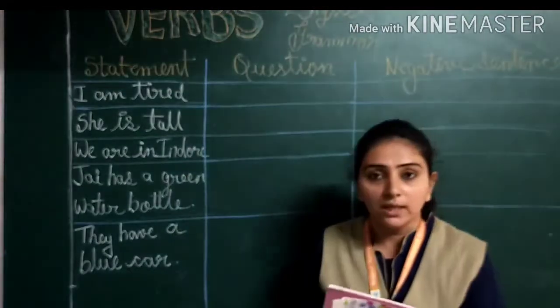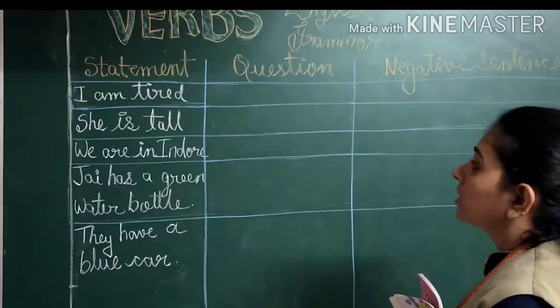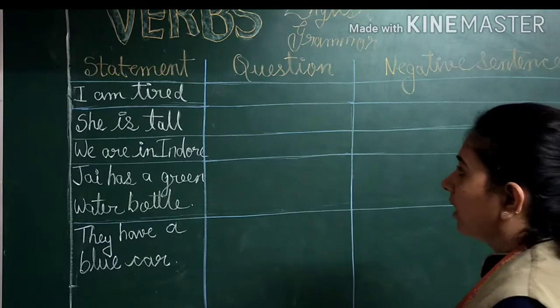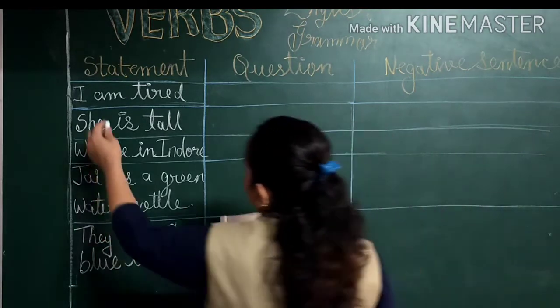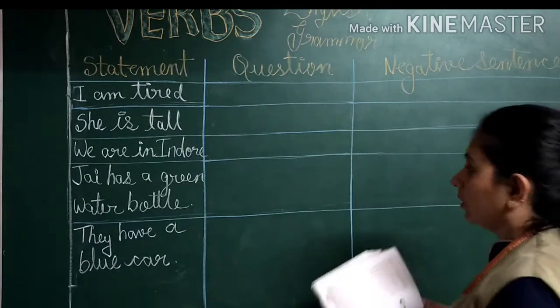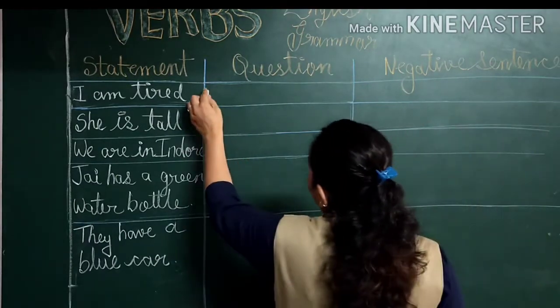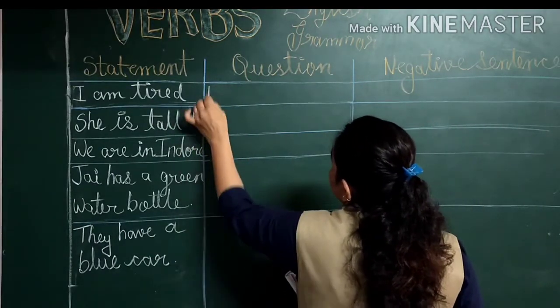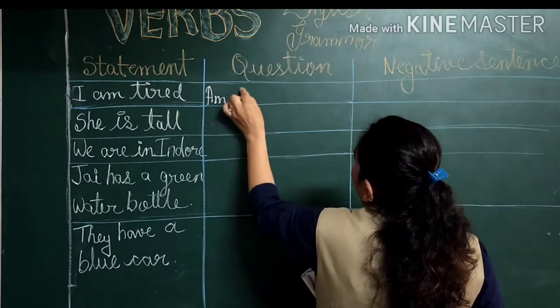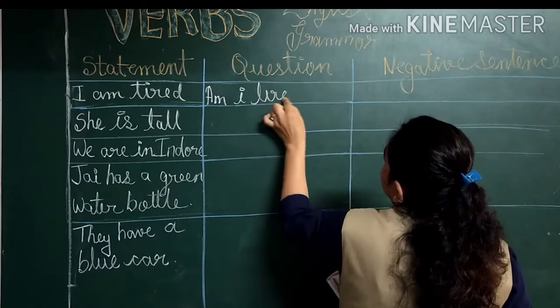Number one is I am tired. What they have said is I am tired. So here the verb in this statement is the word am. So with am we have to form a question. For the question, we have to take the verb first. So: Am I tired?